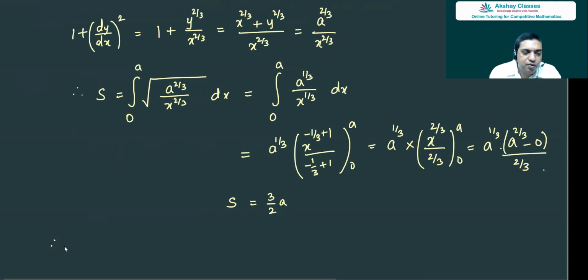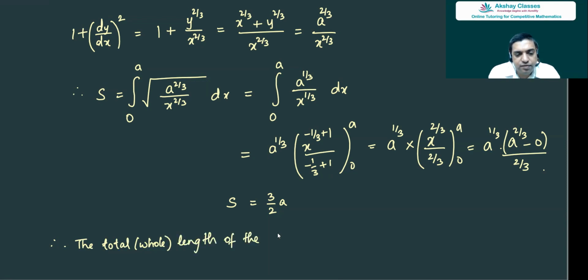So therefore the total length of the curve is 4s, 4 times 3 by 2a, which is 6a.